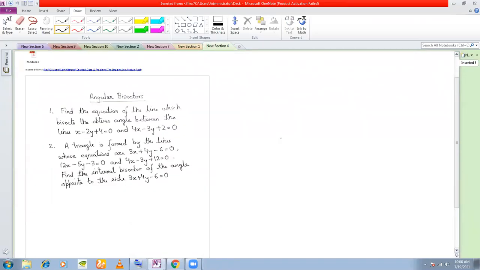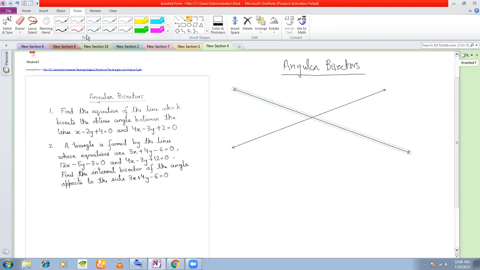We move on to the next part, which is called angular bisectors. That is the bisector of the angle between the lines. Suppose you have two intersecting straight lines. Then how many bisectors can it have?